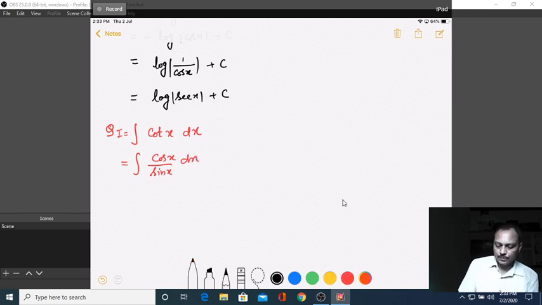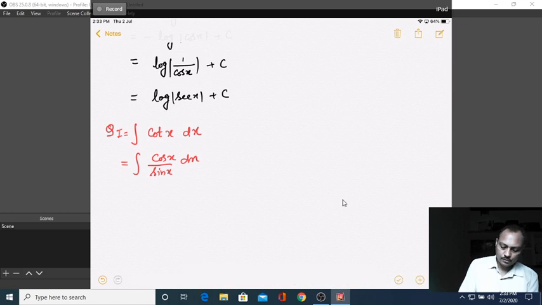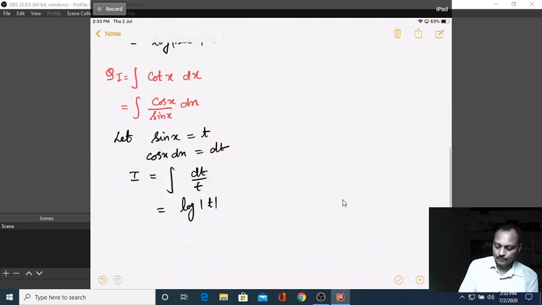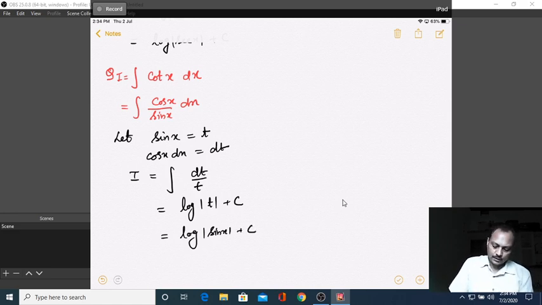Now here if we substitute sin x equals t, then its derivative cos x dx will be dt. Then it becomes dt upon t. Its integration is log of mod of t plus c, and placing the value of t as sin x, the integration of cot x is log of sin x.